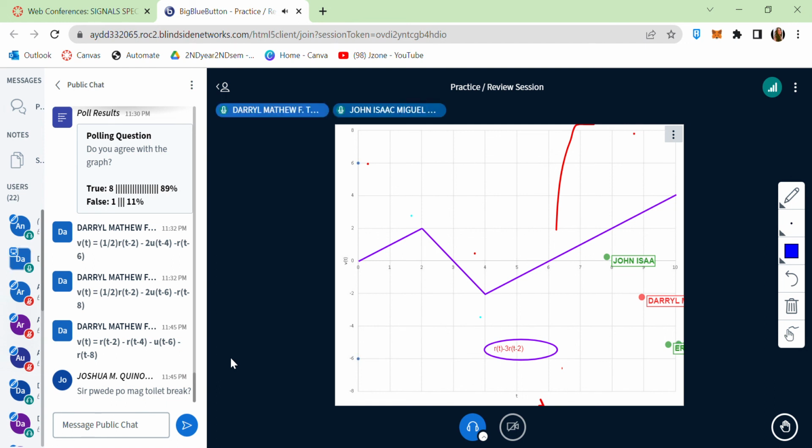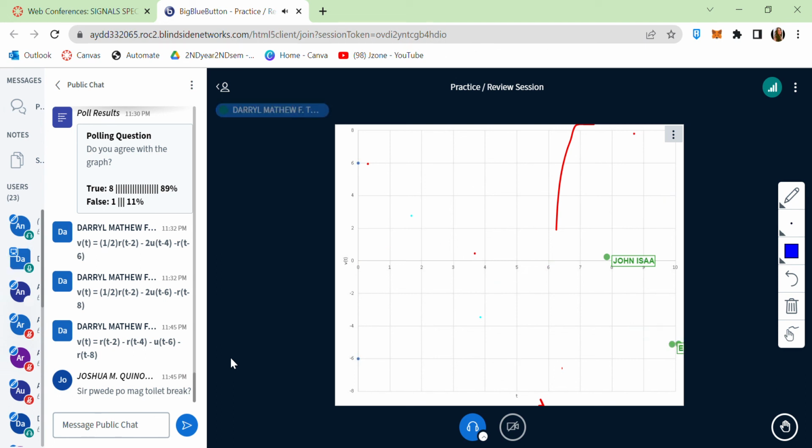Okay po, thank you. So, one more ramp example or gusto niyo magdagdag na ako ng unit step? Ramp only. Okay, sige. Ganun ulit gagawin ko. Yung liliko yung function.